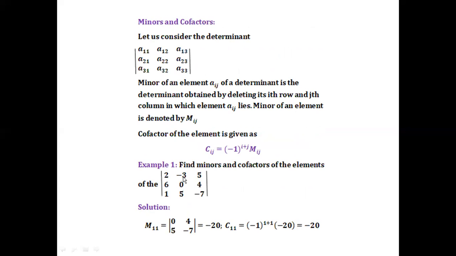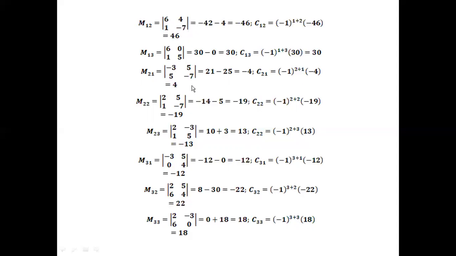Therefore, taking the determinant of minus 3, 5, 5, minus 7, and solving it, minus 3 into minus 7 is 21, minus 25, which is equal to minus 4. The cofactor is minus 1 raised to 2 plus 1. Again, 2 plus 1 is odd, so minus 1 gives a minus sign. Minus into minus becomes plus. Thus the value of C21 is equal to 4. Similarly, we can calculate the remaining minors and cofactors.